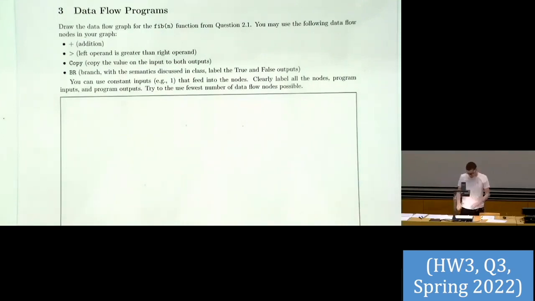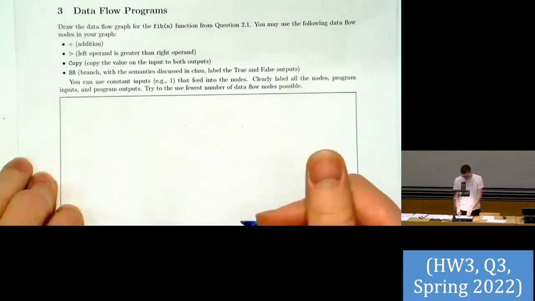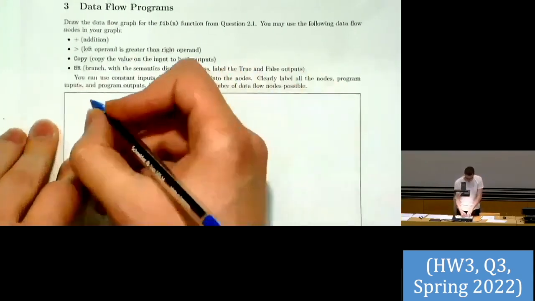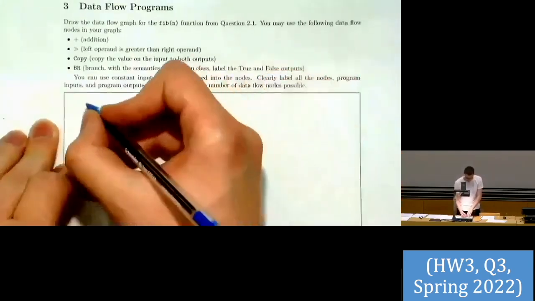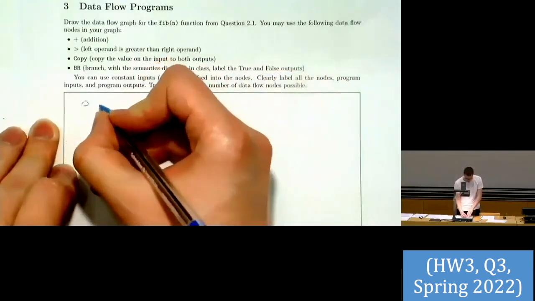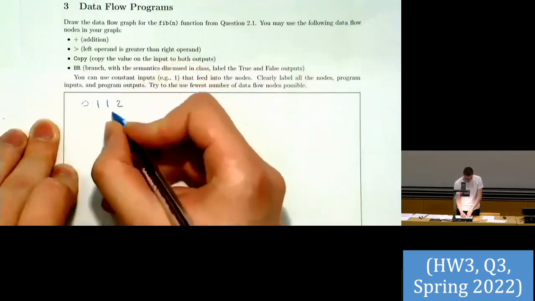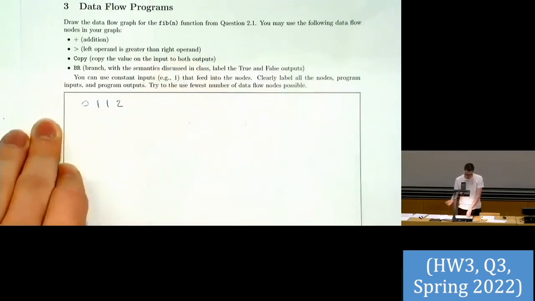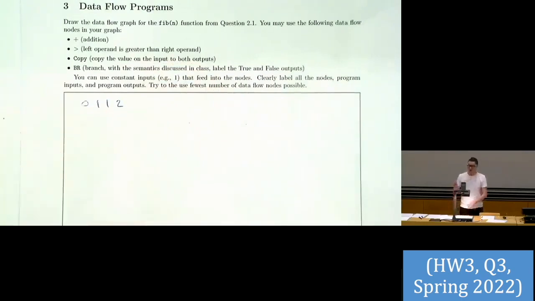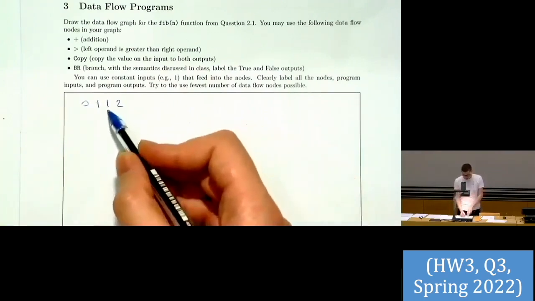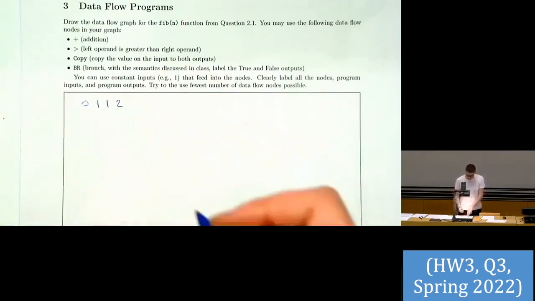Just a quick reminder about Fibonacci. It is a series of numbers which goes like 0, 1, 1, and then 2. Except for F0 and F1, each number is the sum of the previous two numbers, right?